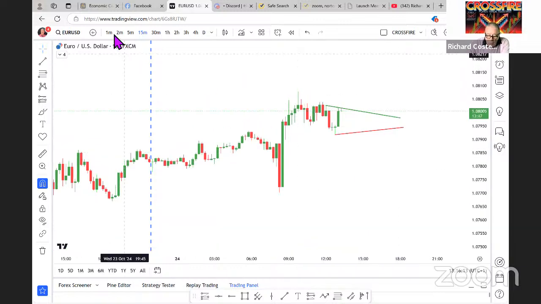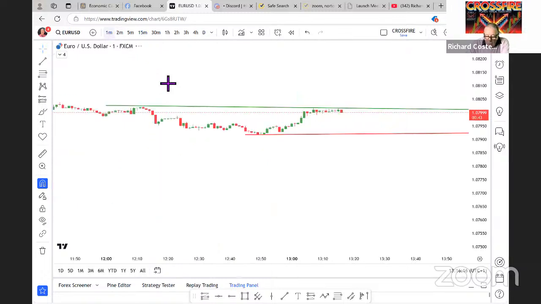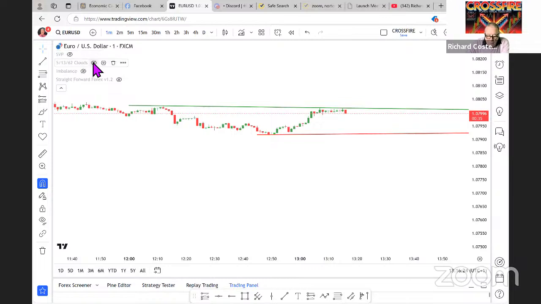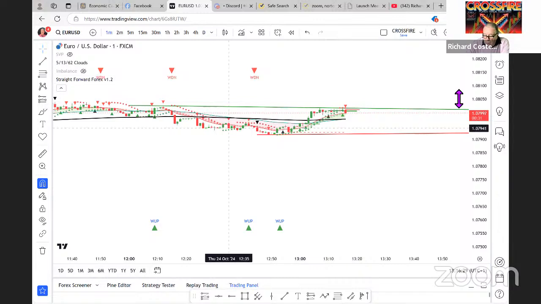What I now need to do is drop down to the 1-minute chart, and we're looking at exactly the same situation. If I put on my indicators, just make this a bit easier to read.